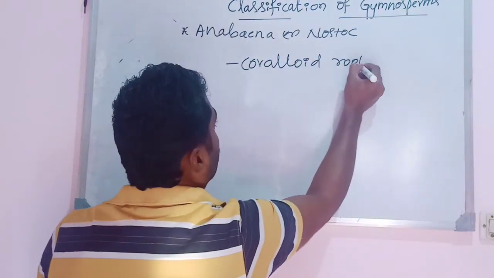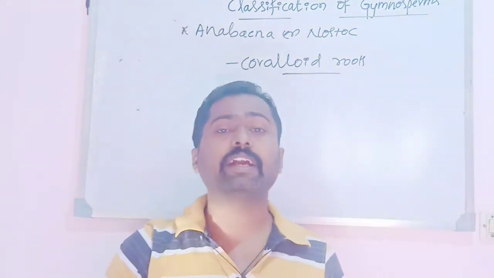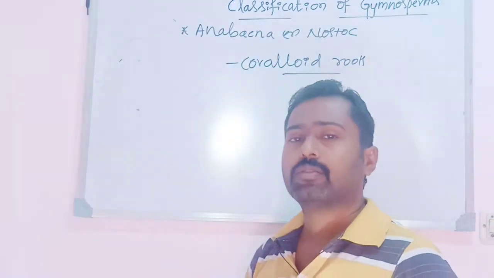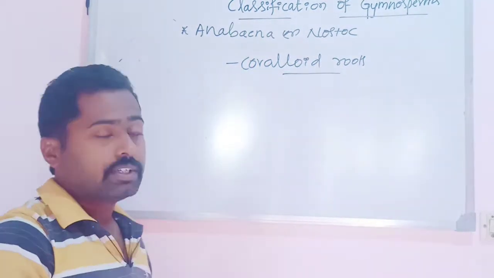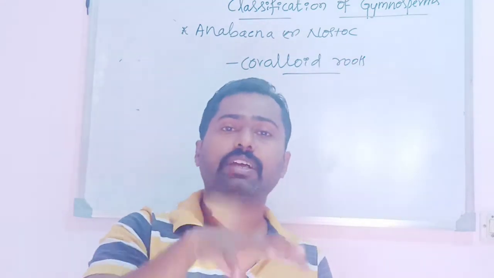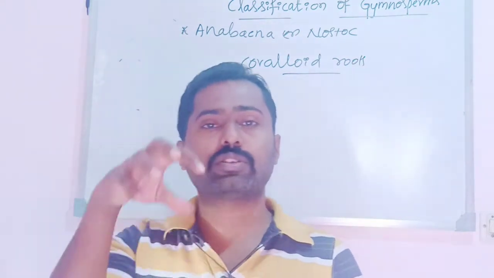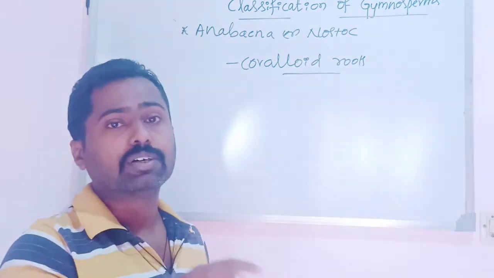So what are these coralloid roots? Coralloid roots are negatively geotropic roots, which may grow on the surface of the soil. Positively geotropic means the root always grows towards gravity. You know that roots always bend and grow towards the soil, isn't it? Such roots are said to be positively geotropic.